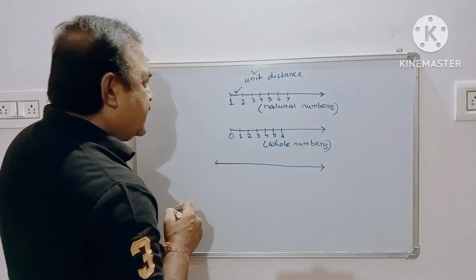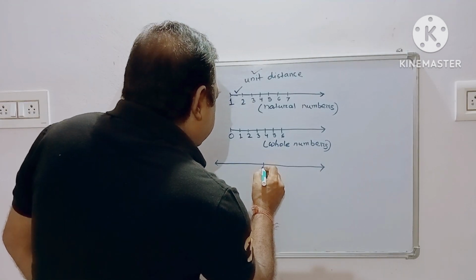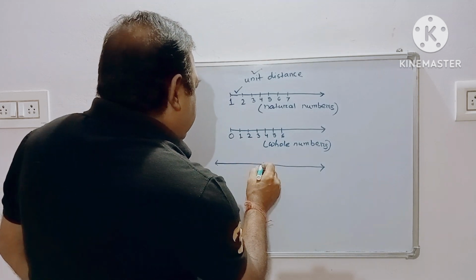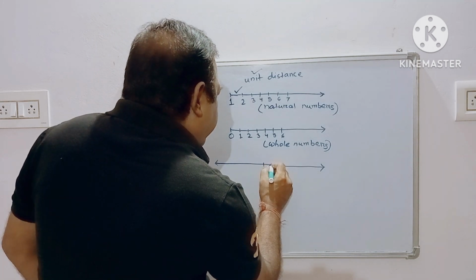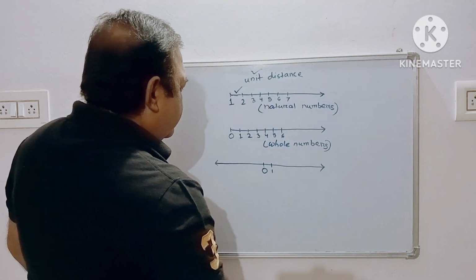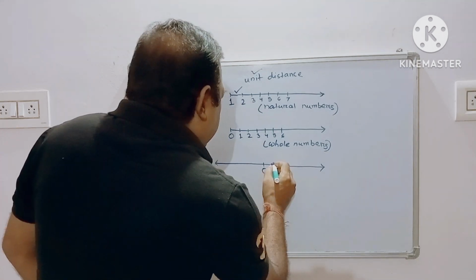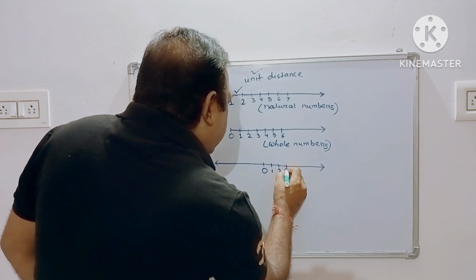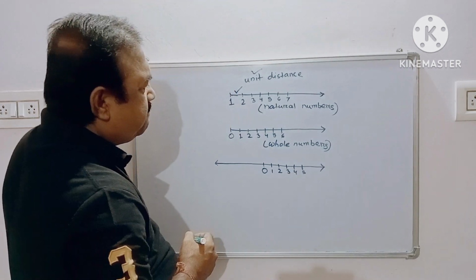This is the representation of a line. Mark a point and label it 0, and towards the right write 1. This is 1 unit distance, and towards the right of 1, maintaining the same unit distance, you write 2, 3, 4, like this.